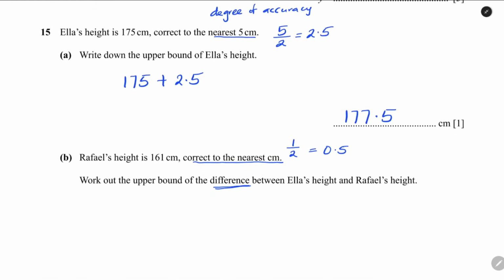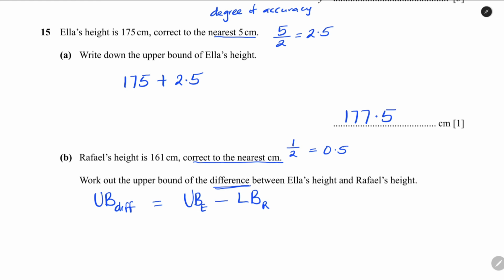What do we do in the subtraction scenario? When you're looking for the upper bound of a difference, you need to use the upper bound of the bigger number, which here is Ella's height, minus the lower bound of the smaller number.